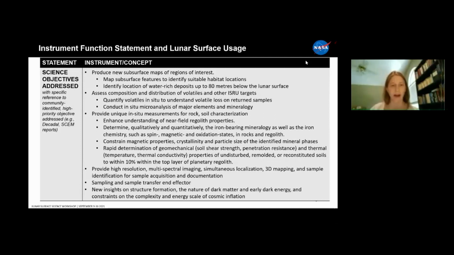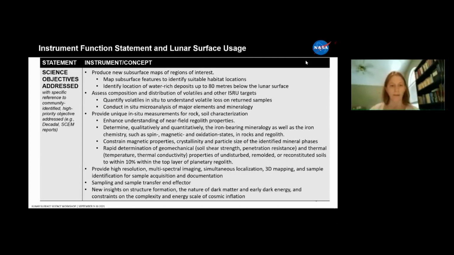And then provide unique in situ measurements for rock and soil characterization, enhance understanding of near field regolith properties and iron bearing mineralogy, as well as the iron chemistry in rocks and regolith, magnetic properties, and particle sizes of mineral phases, and then geomechanical properties and thermal properties of soils in the lunar regolith.